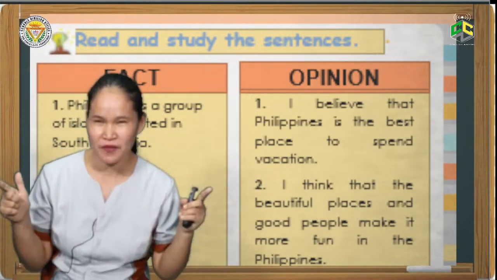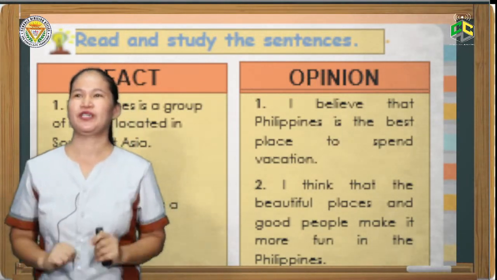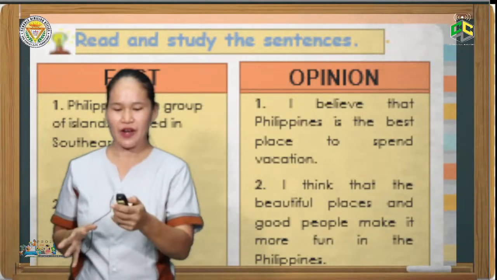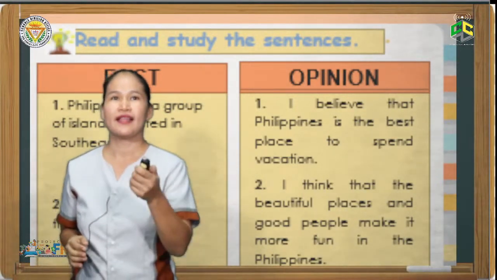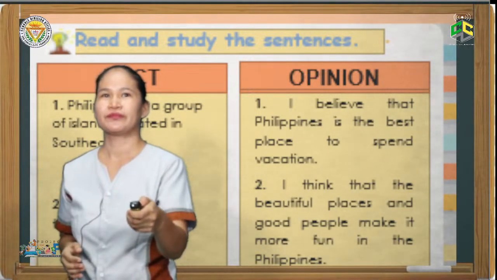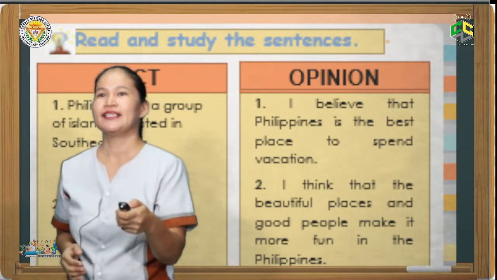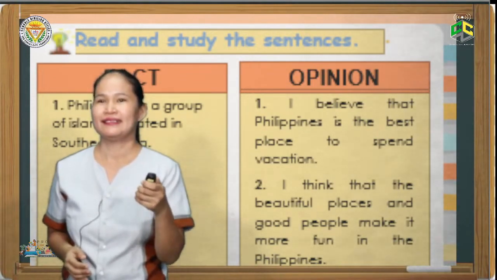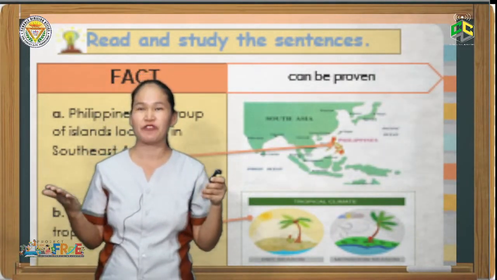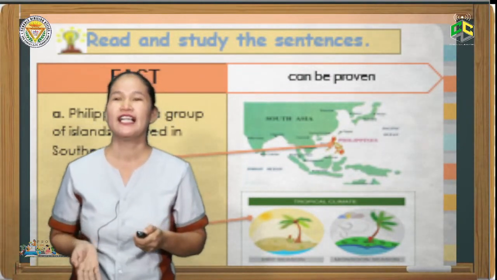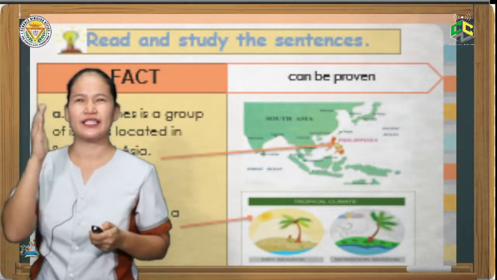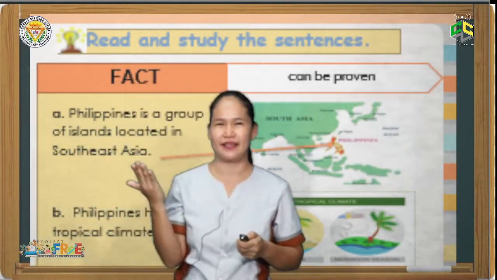Learners, I hope that you are following through with our lesson. Okay, let's give another slide for you to learn more. Okay, class, at this juncture, let us now differentiate fact from opinion. Let's start with fact. Always put in mind that factual statements can be proven.